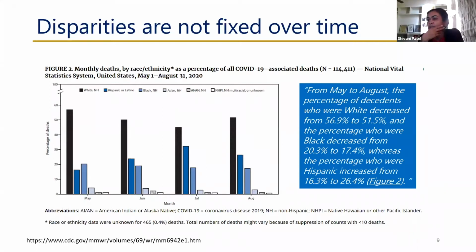So across the states included here, Hispanics actually contributed to a higher share of deaths than Black Americans. So it would kind of go counter, I think, this particular piece of data.